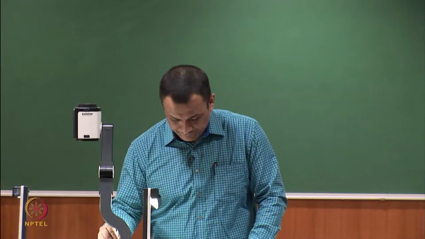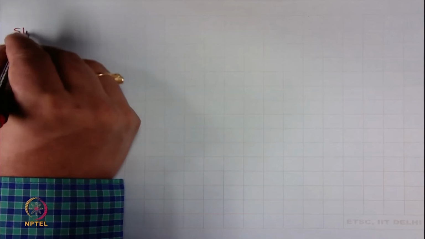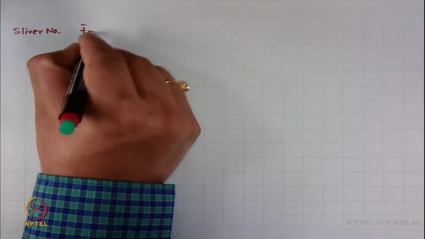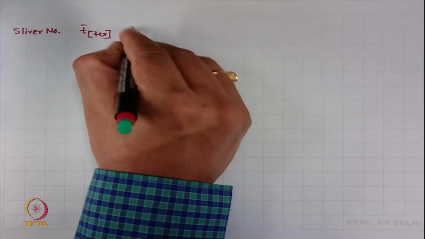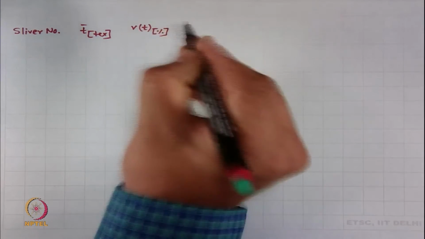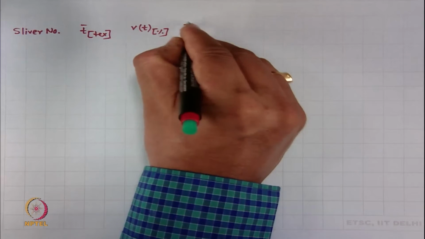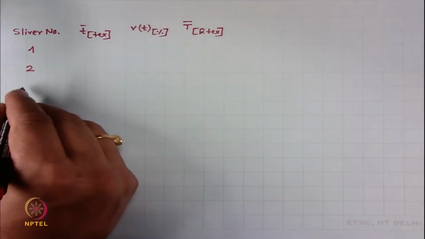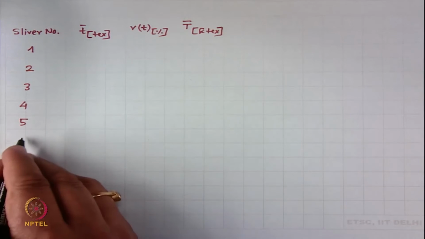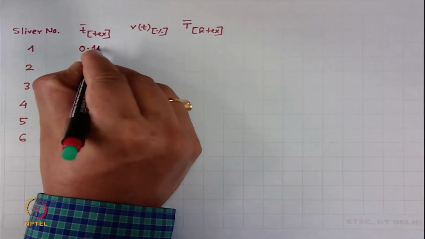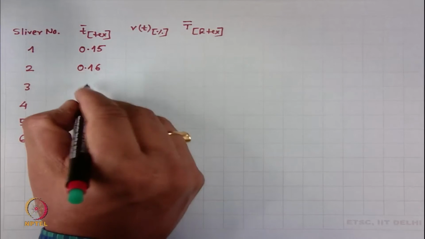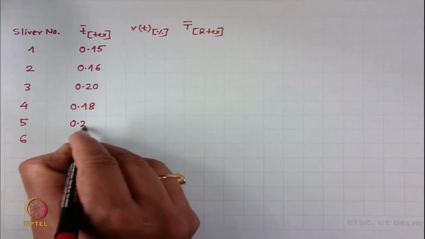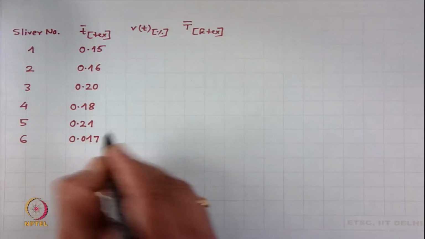Now, sliver number 1, 2, 3, 4, 5, 6, these values were given.